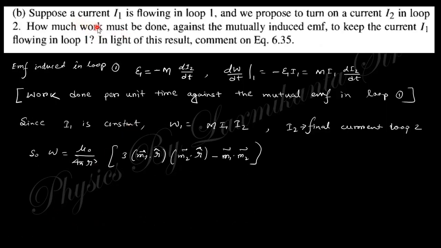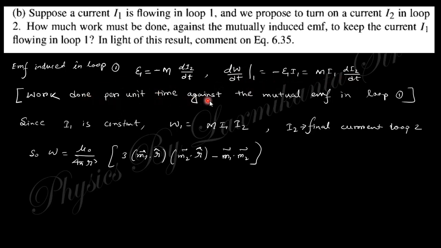Next, suppose a current I1 is flowing in loop 1 and opposed to this, a current I2 in loop 2. How much work must be done against the mutual inductance to keep I1 flowing? The EMF induced in loop 1 due to loop 2 is minus M di dt. So work done equals like that.